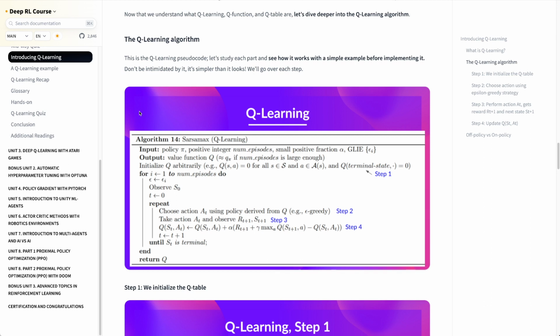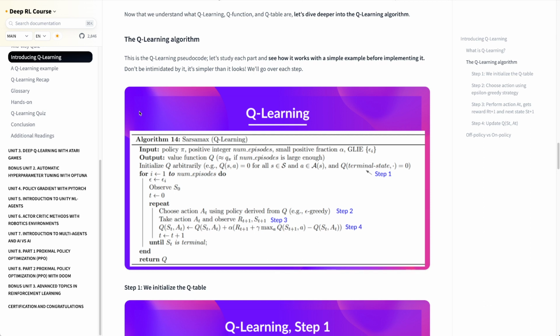We initialize Q arbitrarily, so this is what we're doing when we initialize everything to 0. For example, Q of state and action equals 0 for all the states and for all the actions. This is step 1. So step 1 is initialization, right?